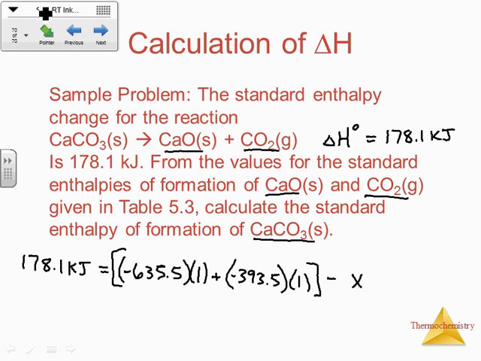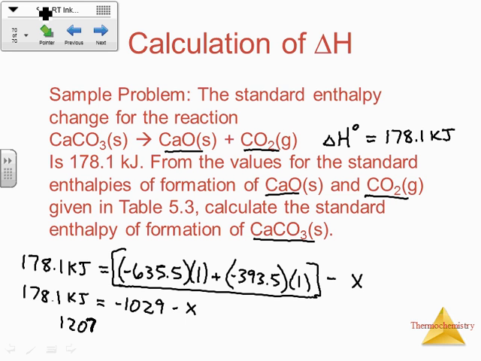Okay, so then once you figure all that out, maybe I should write this all out here so that you can see what's going on. 178.1 kilojoules should be equal to, when you add all of this together, negative 1029 minus X. Okay, and then when you add the 1029 to both sides, 1207.1 equals negative X. Okay, and you have to be careful there.